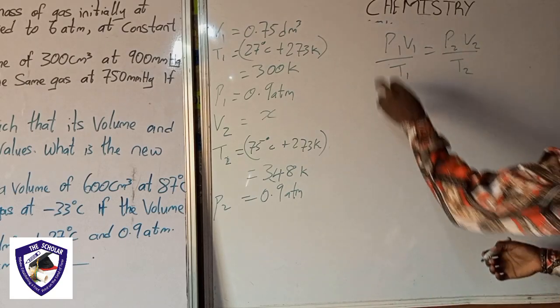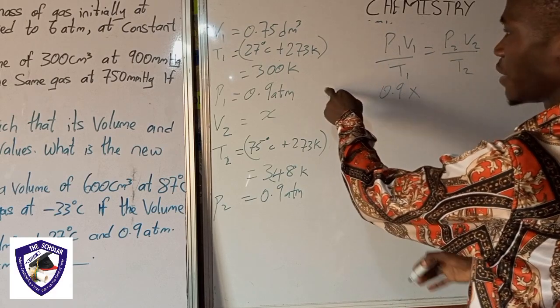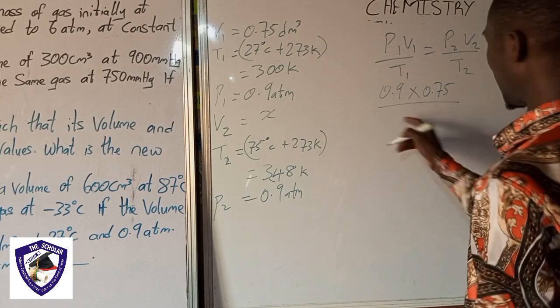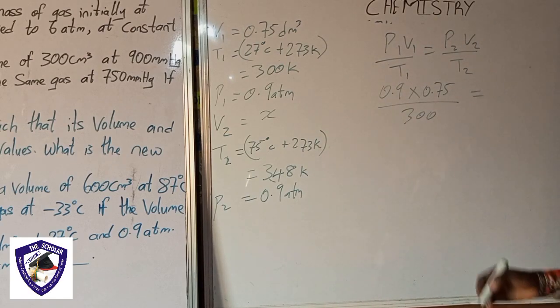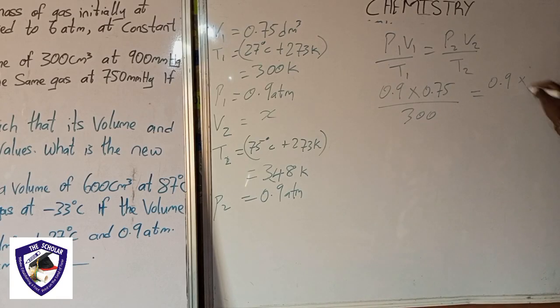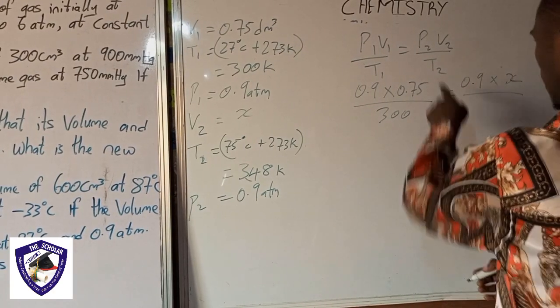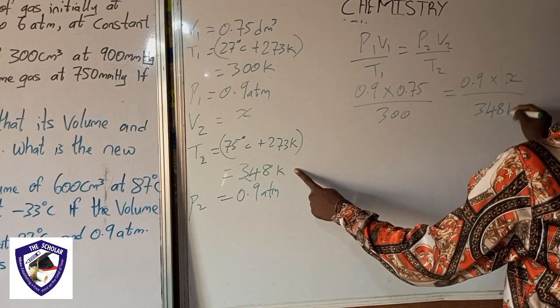Now let's input our values. We have P1, 0.9, multiplied by V1, 0.75, divided by 300, equal to our P2, 0.9, multiplied by, we are looking for V2, x, over, what is our T2? 348 Kelvin.